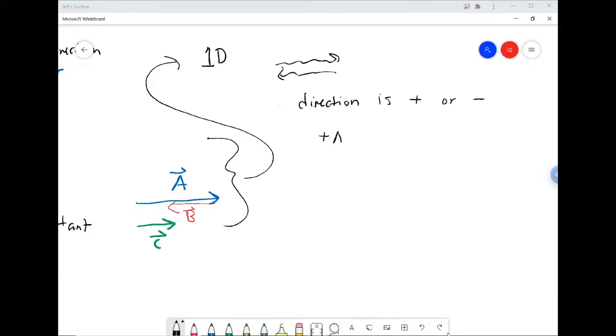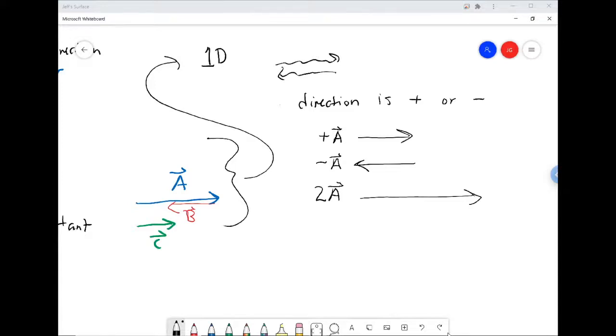But if we're talking about the 1D case here, and I say positive A looks like that, then negative A is just going to be flipped. Here's something else. Oh, not B. I don't have B's here. I have A's. If I have 2 times A, what do you think that's going to look like? The same direction as A, but twice as long.